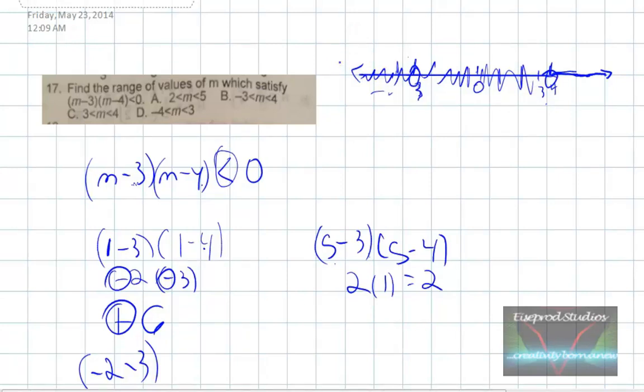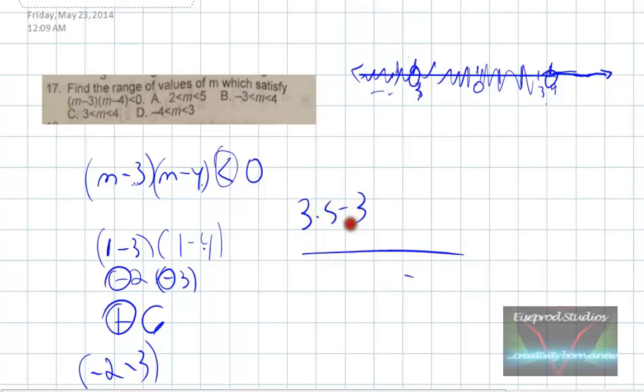But what about greater than 3? Let's try 3.5. Let me use some of my scratchbook. 3.5 minus 3 times 3.5 minus 4.